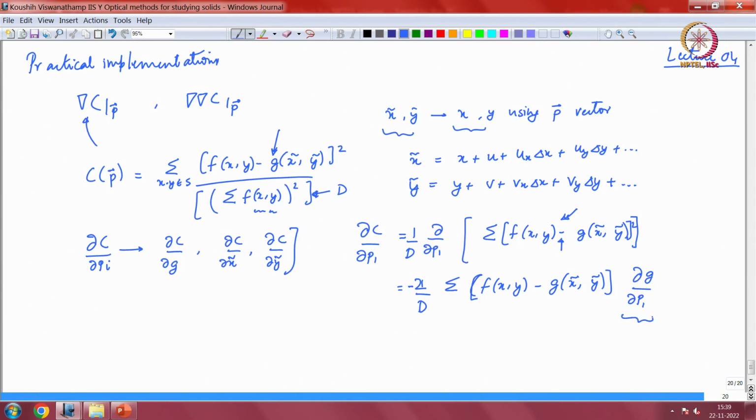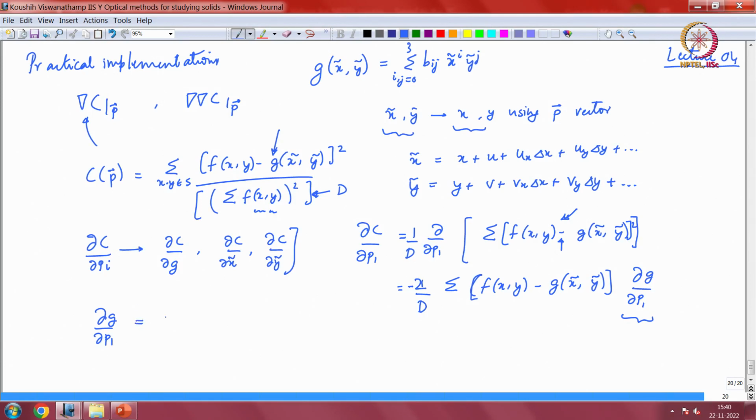Now, you need to evaluate this guy of course. So, dou g by dou p1, remember what g was, we had this bicubic interpolation business going. So, this is a double summation over i and j going from 0 to 3. So, x tilde power 0 is the 0th order term, x tilde power 1 is the linear term, and then the square term and the cubic term.